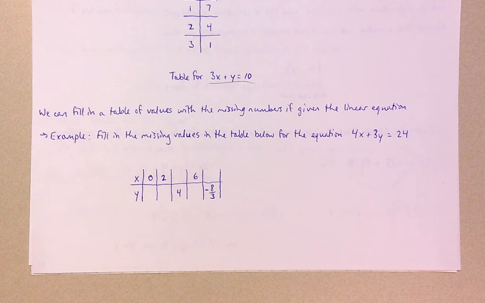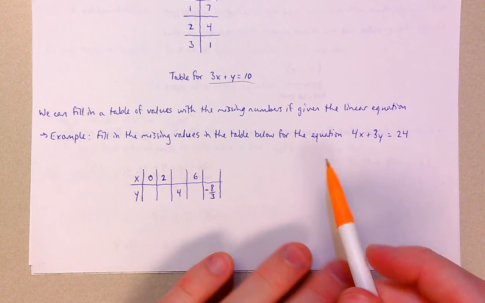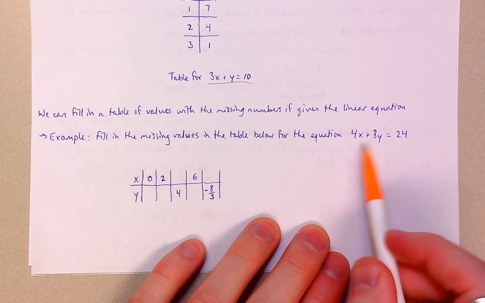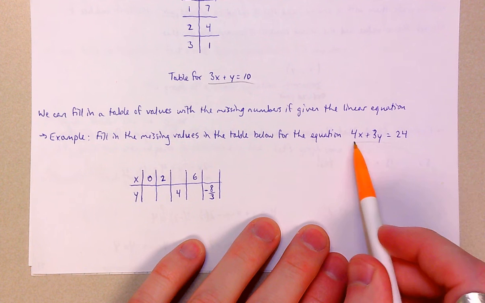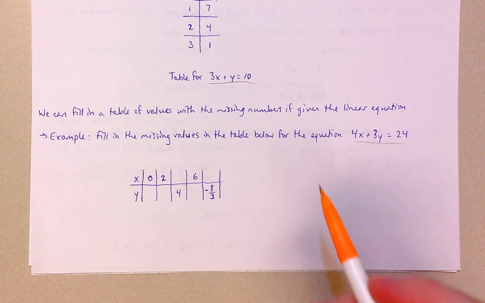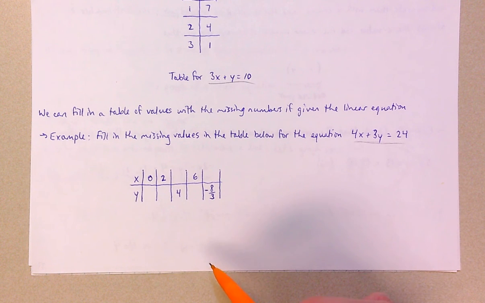So we'll do a couple. I'll let you figure the rest out on your own. So we want to fill in the missing values for this linear equation here: 4x plus 3y is equal to 24. Let's fill in the first two blanks, and I'll let you fill in the other three.